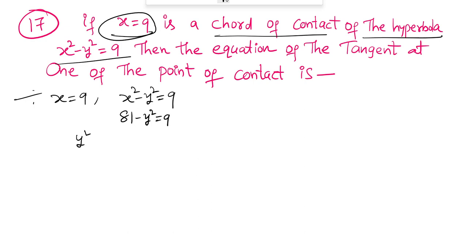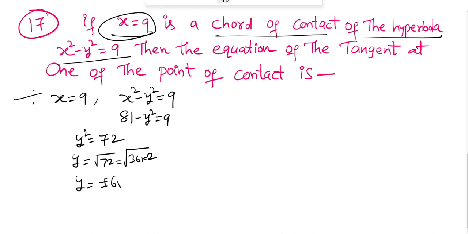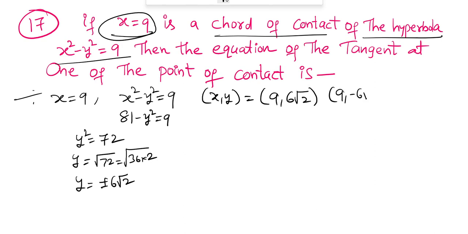From this, y square is equal to 81 minus 9, which is 72. So y is equal to under root of 72, written as 36 into 2. So y is equal to plus or minus 6 root 2. Therefore, the points (x, y) are (9, 6 root 2) and (9, minus 6 root 2). These are the points of contact to the given hyperbola.